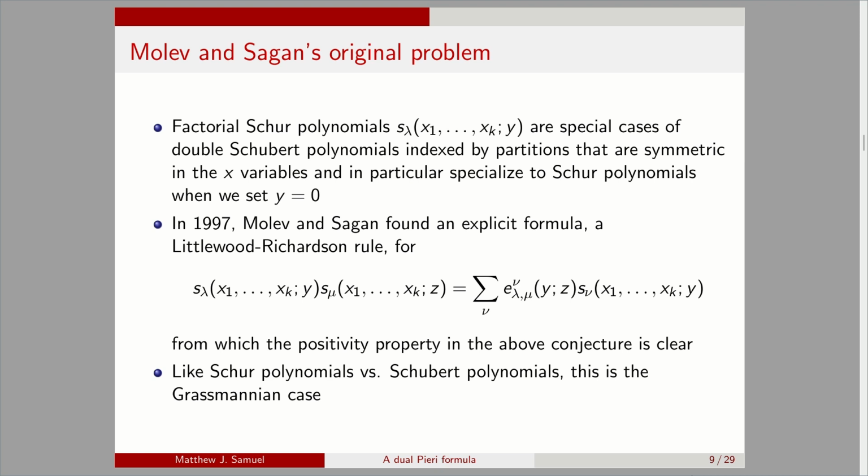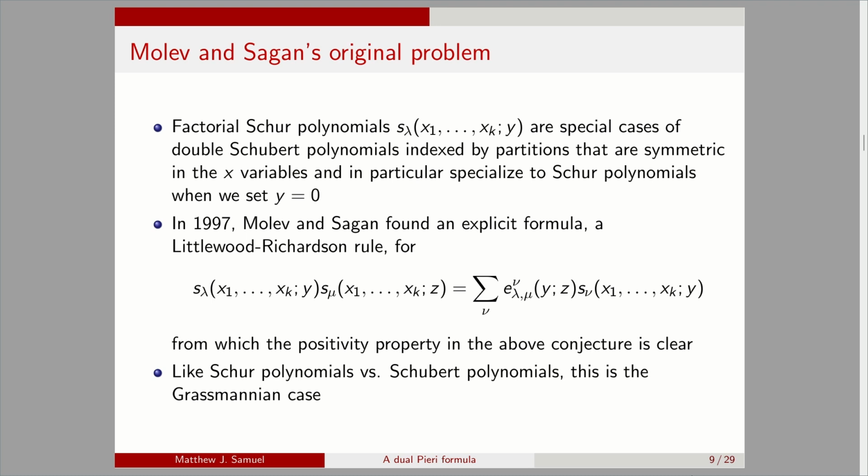So I can't go without mentioning Molev and Sagan's original problem, since I have named the case after them. Molev and Sagan found a Littlewood-Richardson rule for factorial Schur polynomials, which are special cases of double Schubert polynomials indexed by partitions, and their formula was for a product of two factorial Schur polynomials in the same number of x variables, one also having y variables and the other one having z variables instead.